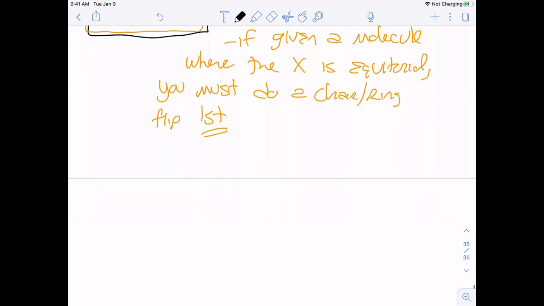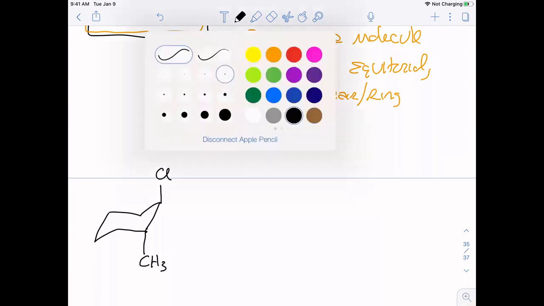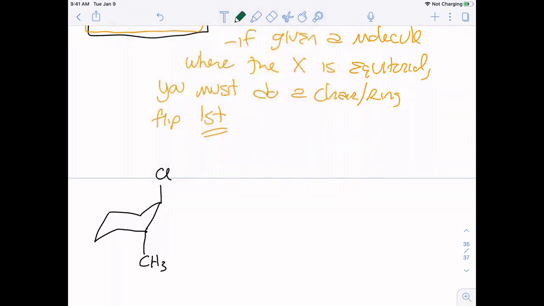Another example for us. And again, I'm starting out with the chlorine axial. If it wasn't axial, you would need to do a chair flip to get it axial. And then this time on that carbon, I'm going to put that methyl group. So when I look at my possibilities for hydrogens that I can eliminate, I still have this one here, that's axial.